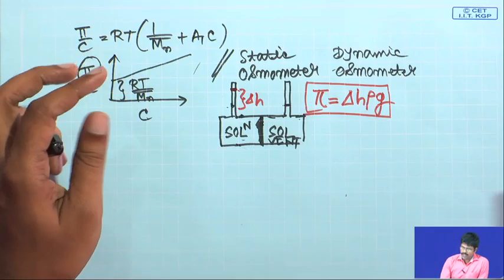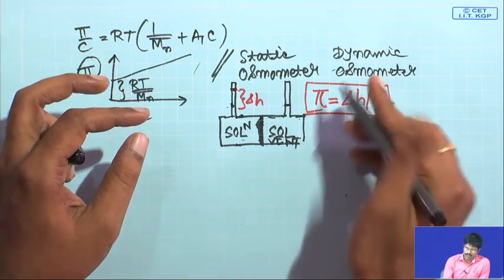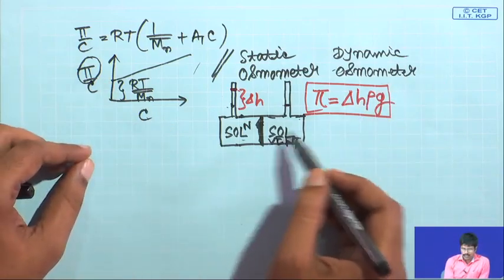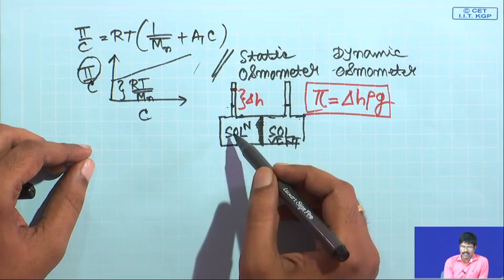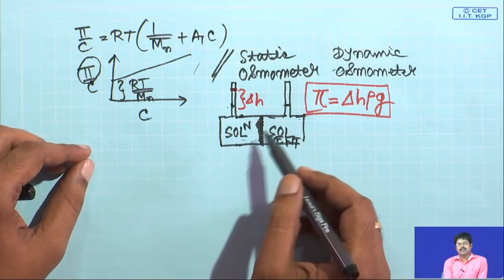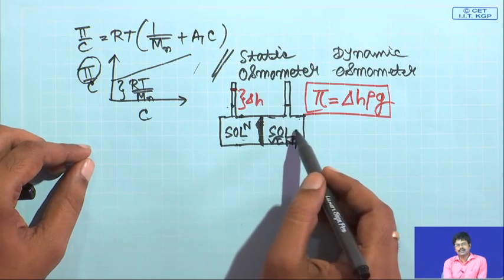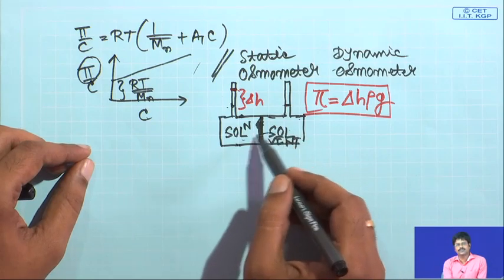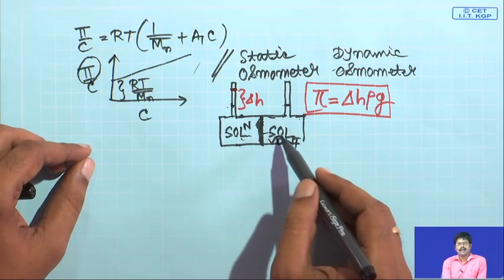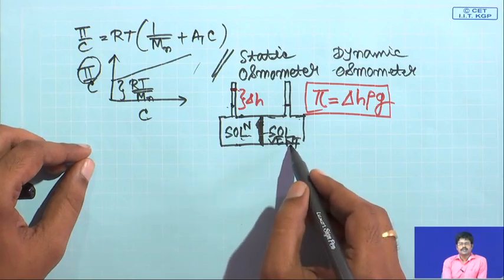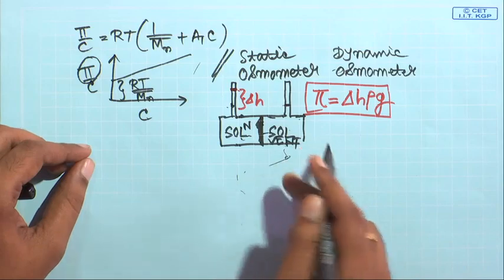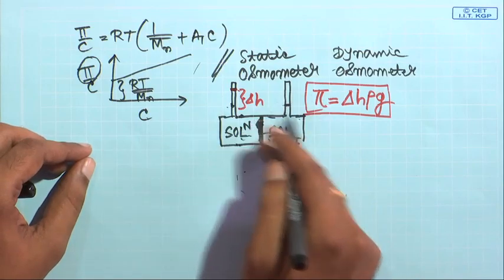What you typically do in a dynamic osmometer, although we will not discuss it too much, is measure the solvent flow from the solvent side to the solution side. And how do you measure that? You have some air bubble there, and the movement of the air bubble will give you an idea of the solvent flow. Then you have another solvent reservoir attached to this solvent vessel.